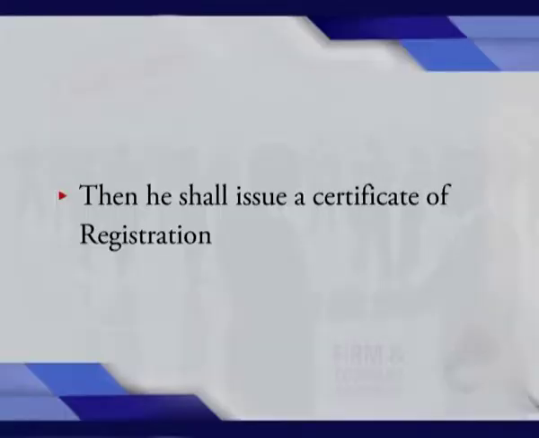Now, when is the registration complete? When the registrar is satisfied that the provisions of section 58 have been duly complied with, he shall record an entry of the statement in a register which is called the Register of Firms and shall file the statement. Then he shall issue a certificate of registration.